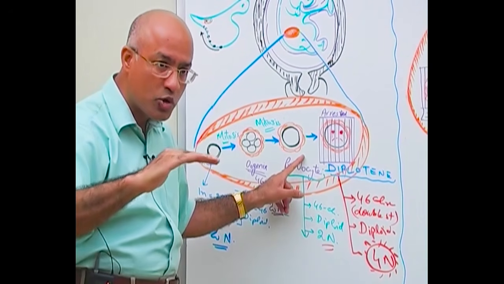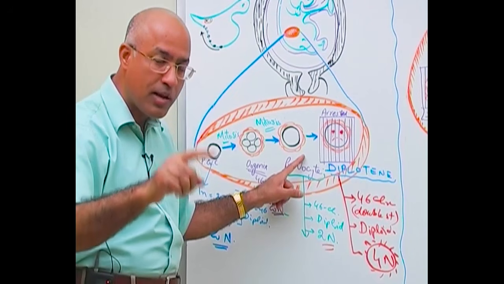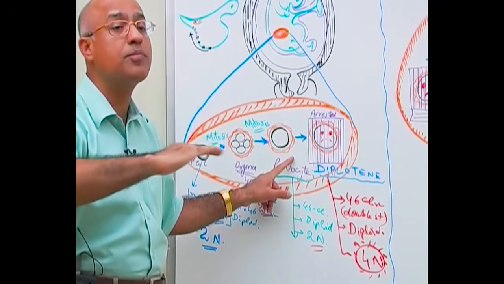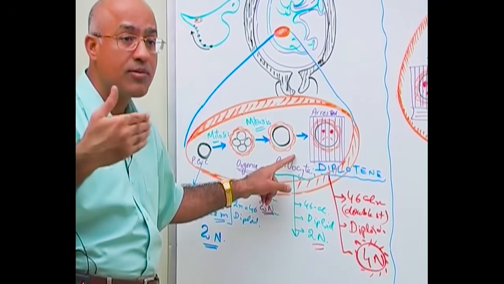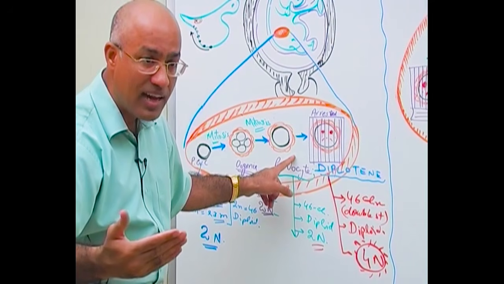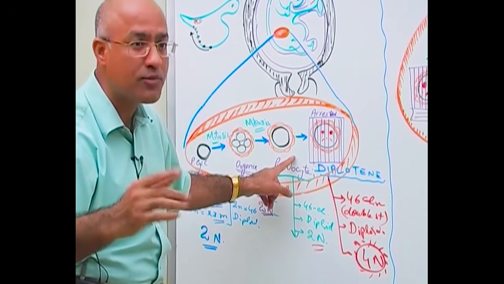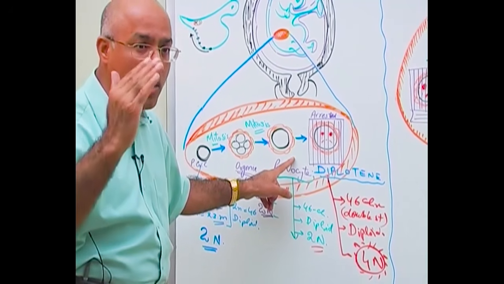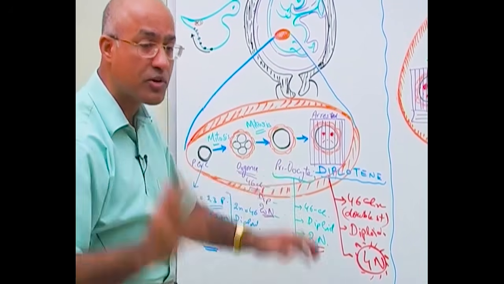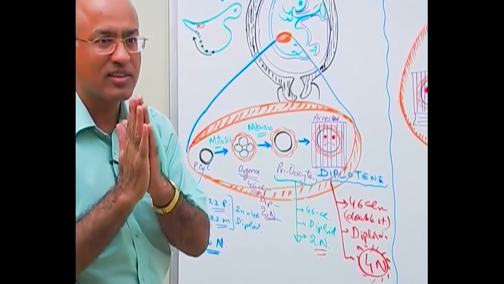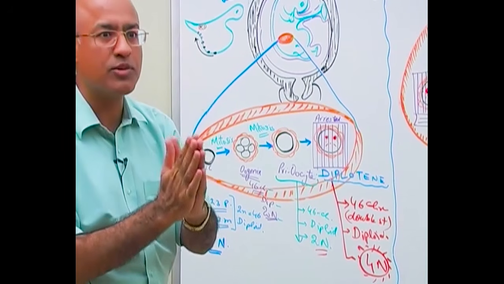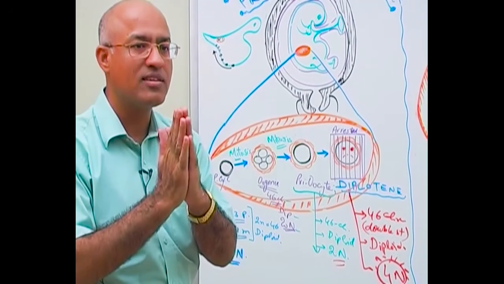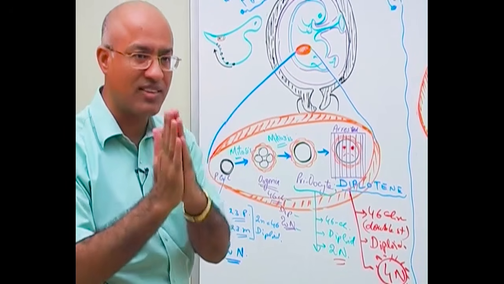All the primary oocytes present in the ovaries of a female newborn infant have started their first meiotic division but never complete it before birth. They arrest their progression in the first meiotic division at prophase, especially at the diplotene stage.